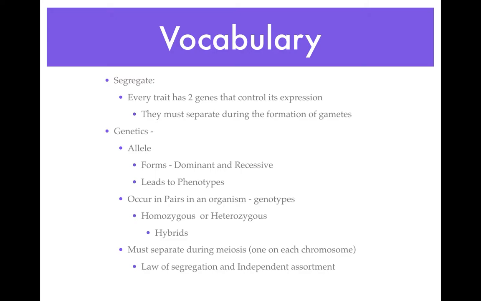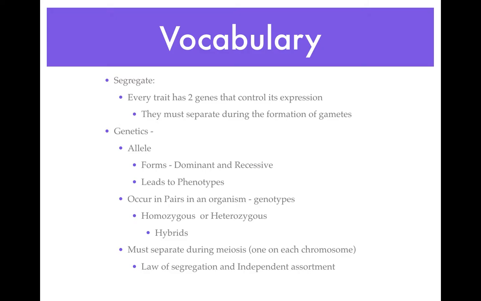Segregate. You probably heard the word segregate before. What you need to understand in genetics, every trait has two genes that control its expression. So if we're talking about eye color, hair color, height, width, shape, any trait has two genes. One gene came from mom and one gene came from dad. They're the same gene, they're just two different copies of that gene.